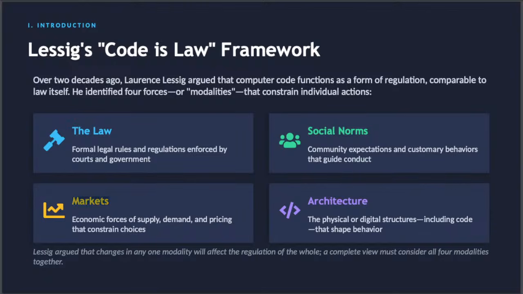We have markets, the economic forces of supply, demand, and pricing that constrain choices. And we have the architecture, the physical or digital structures, including code, that shape behavior. So we have 4 modes here: law, social norms, markets, and architecture.